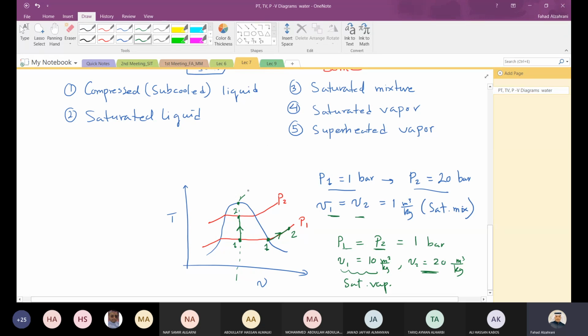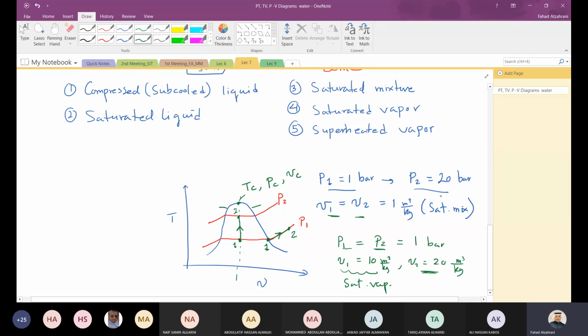For example, it has critical pressure or temperature, critical pressure, critical specific volume, etc. So these critical properties are constant for each substance. And this is where the saturated liquid line and the saturated vapor line meet.